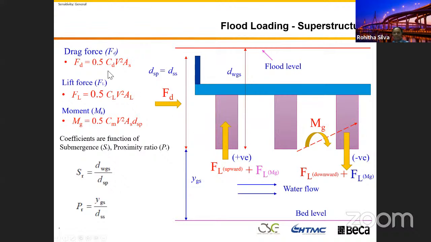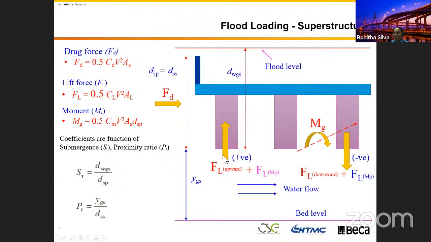That gives you this drag force, 0.5 Cd V squared A_S, where A_S is the length of the bridge times the depth of the superstructure, D_S. It's quite a large force on your superstructure.